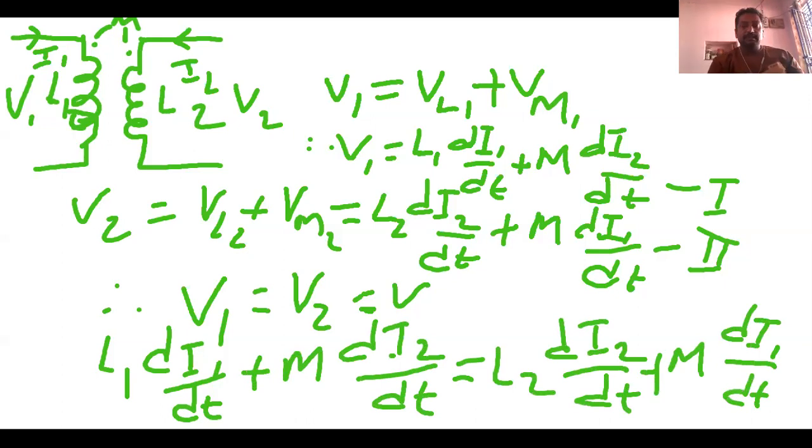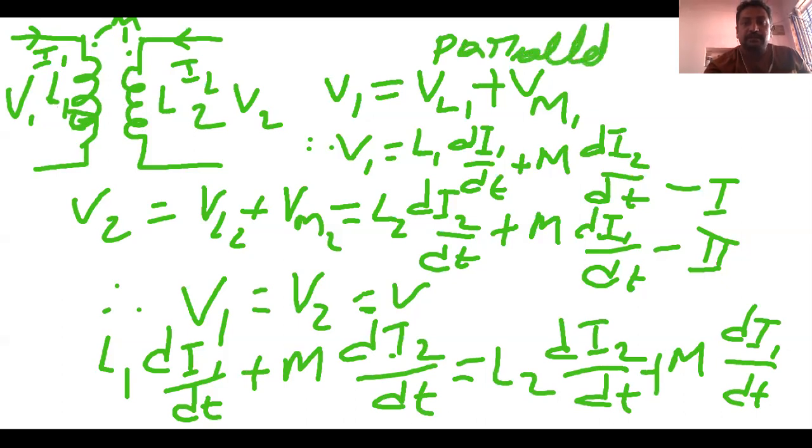Now, up to here, again I'll explain. This is the parallel aiding connection. In this parallel aiding, the two dots are connected at either the entering side or the leaving side.